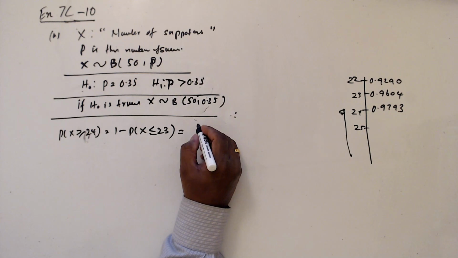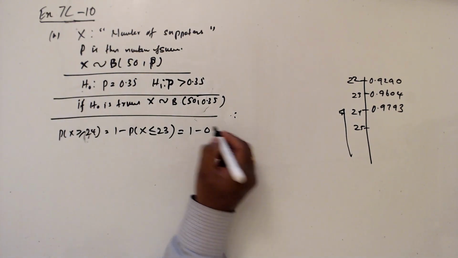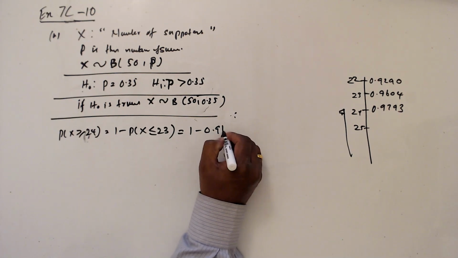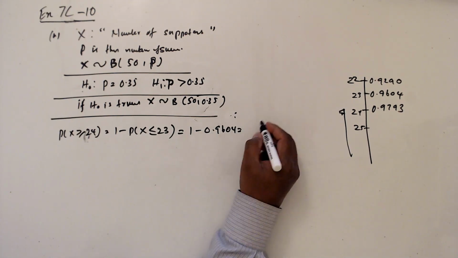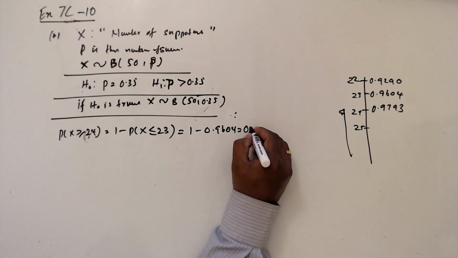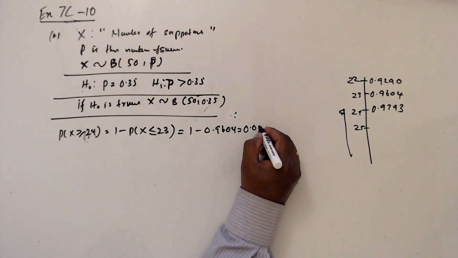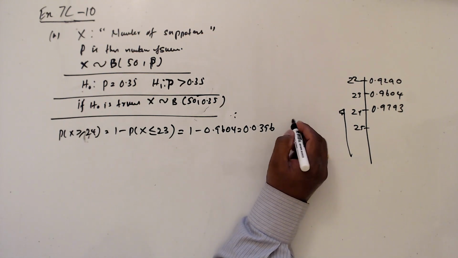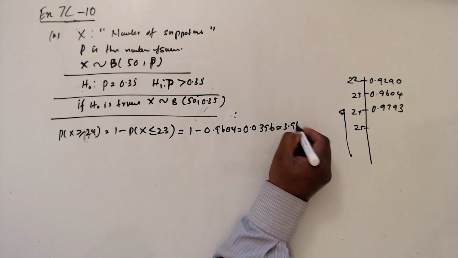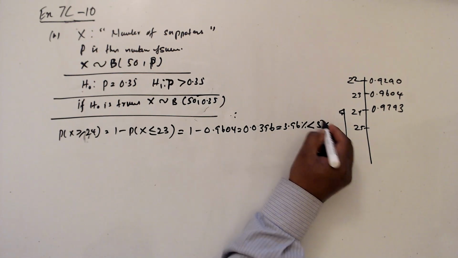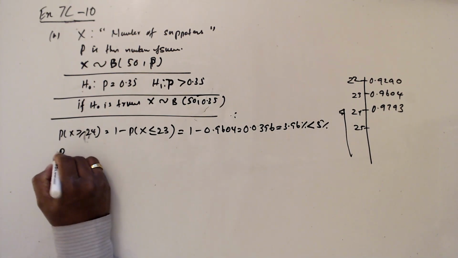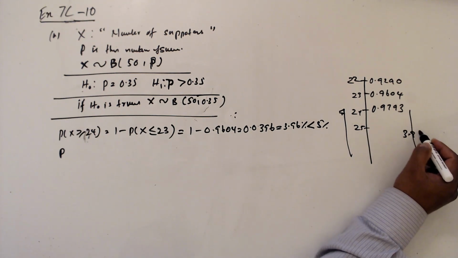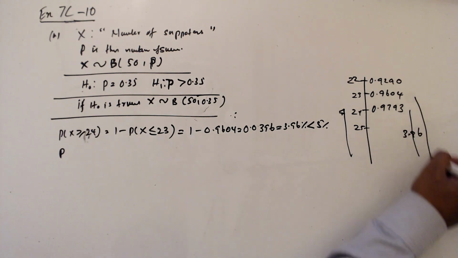That is 1 minus 0.964, which is 0.0396, equal to 3.96%, less than 5%. So this is up to here, 3.96%.